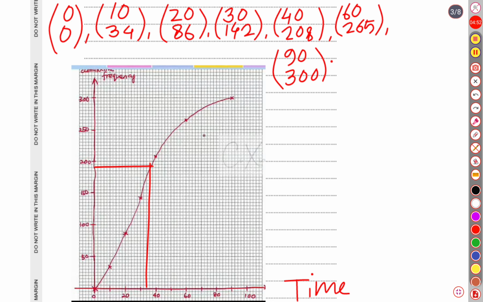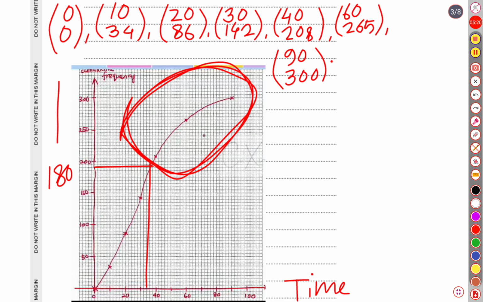Once again I am clarifying why I chose 180. Actually because the question told that 120 students took more than this time. Who took more than this portion? This portion of the graph is for the students who took more time. That means we have to count in descending order from top to bottom.